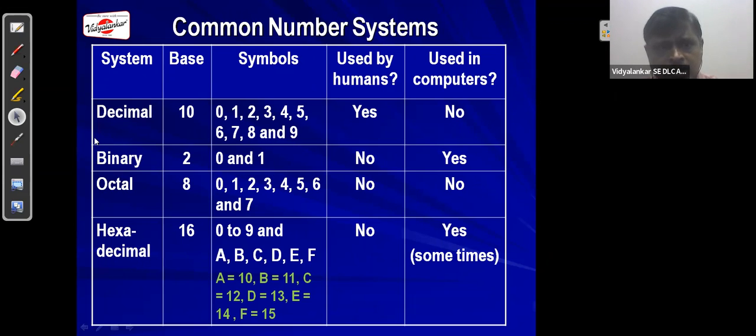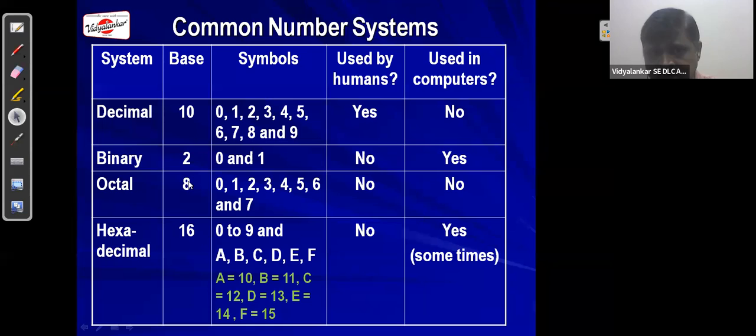But other than these 2 number systems, there are 2 more number systems which are commonly visible. One is octal. Octal means 8. Base is 8.